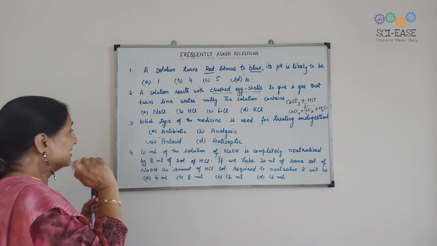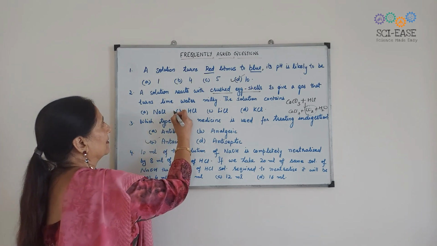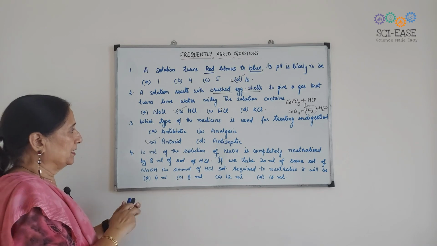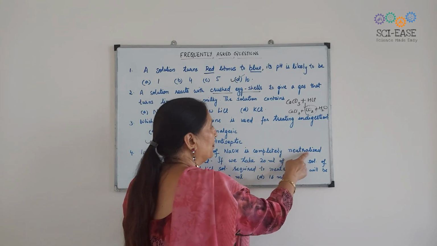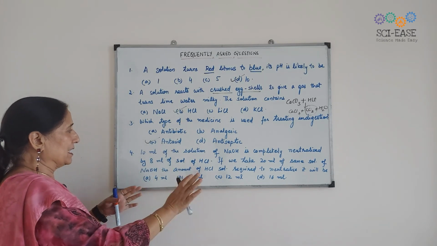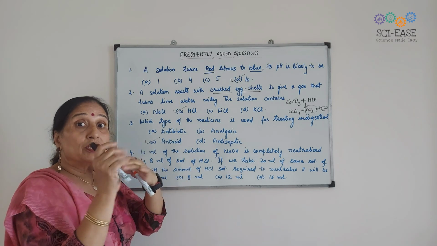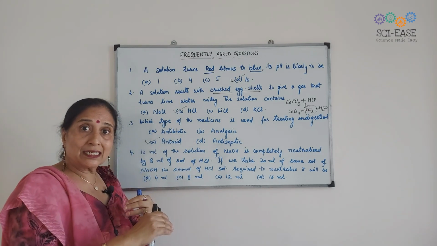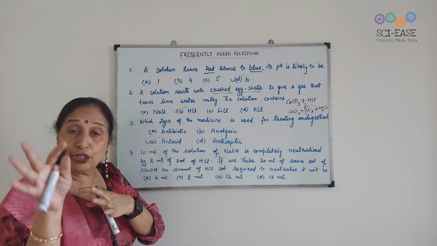Now next is again a very tricky question. Here it's HCl. 10 ml of the solution of NaOH is completely neutralized by 8 ml of the solution of HCl. If we are having 10 ml of the solution of NaOH, that can be neutralized by 8 ml of HCl solution.